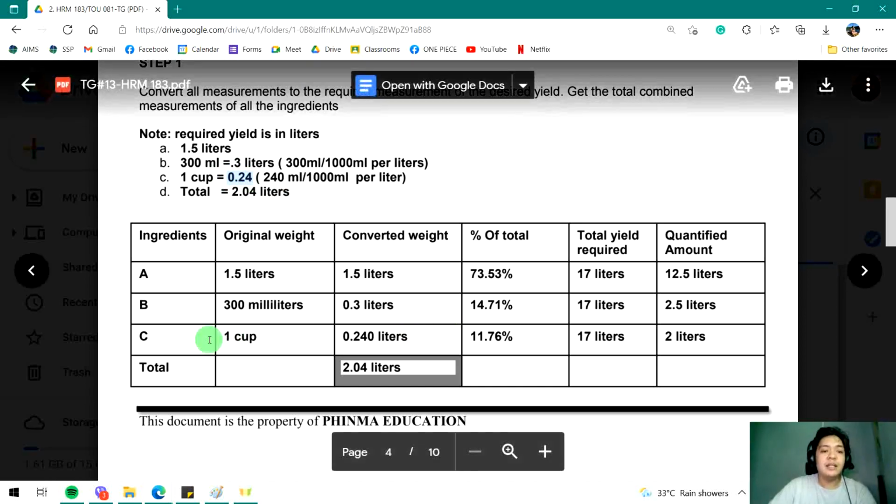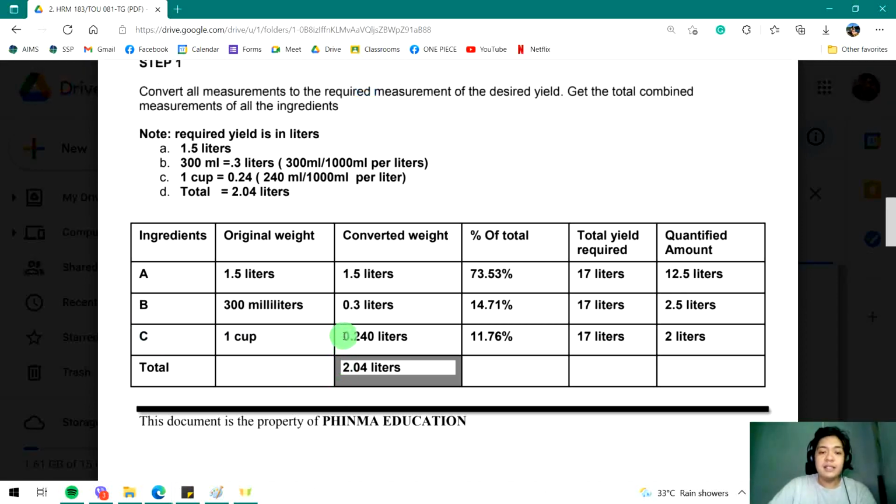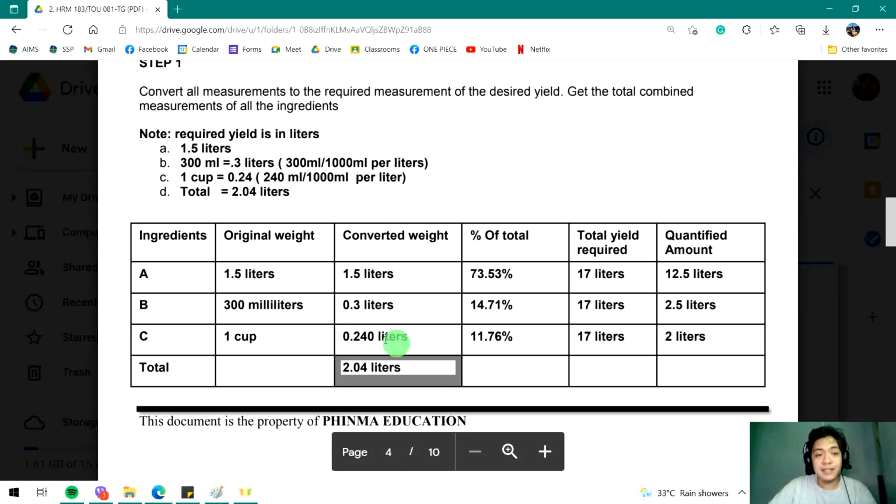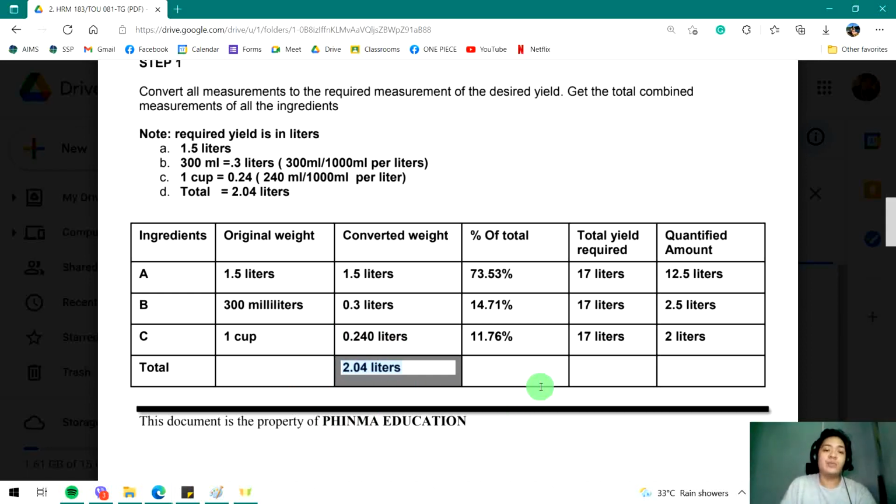So, ibig sabihin, 1 cup of ingredient C, if we will convert it into liters, that will be 0.24 liters. And then what we're going to do is we're going to add all of the converted weight in order to get this data. Ito, yung 2.04 liters. And this is what we're going to use for our next steps.